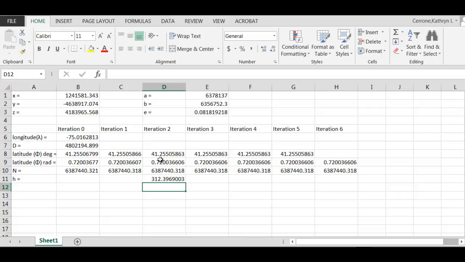So if we want to highlight these, our longitude, again in degrees, is negative 75.01628.